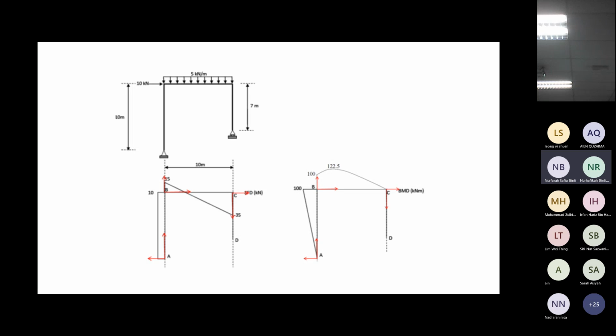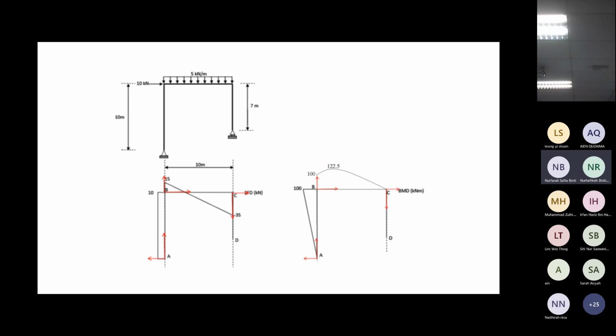So that is one point for you to check. And at the pin support, moment should be 0. So draw the shear force diagram and bending moment diagram in a proper way. When you draw this line, it should be 90 degrees to this member. When you draw this line, it should be 90 degrees to this member.